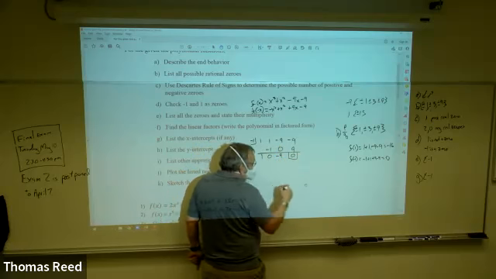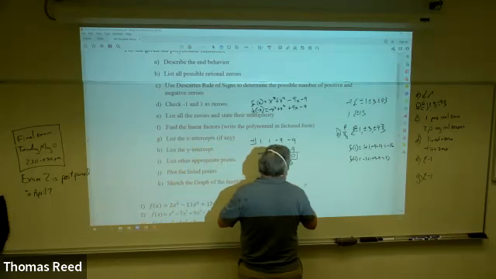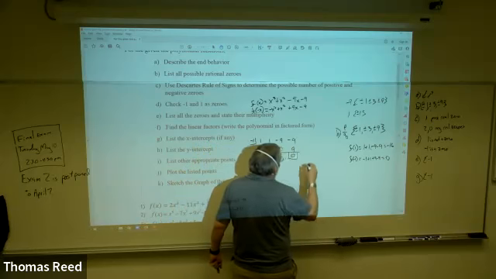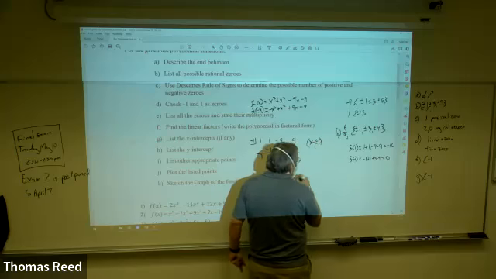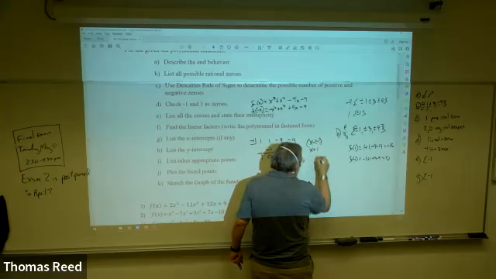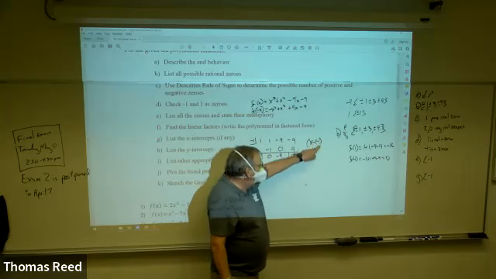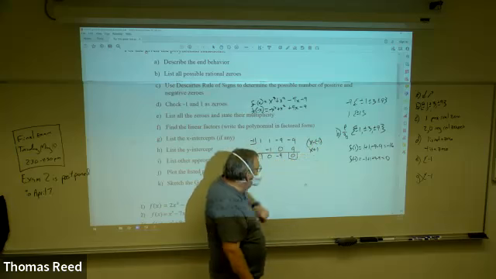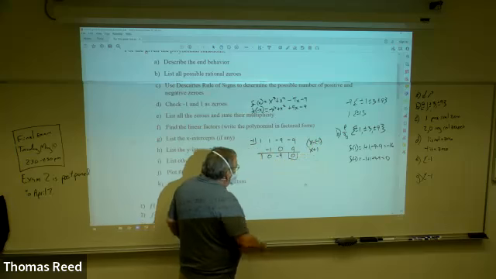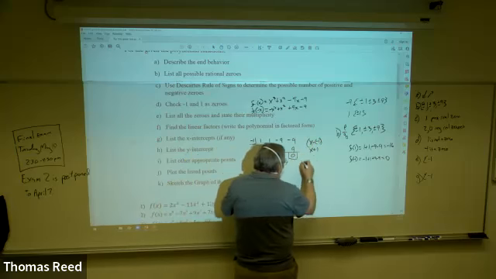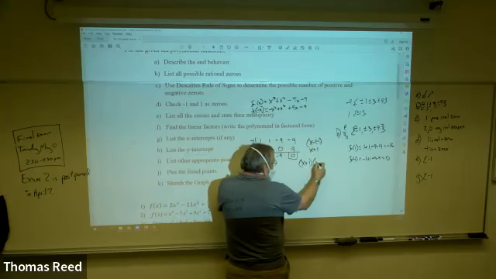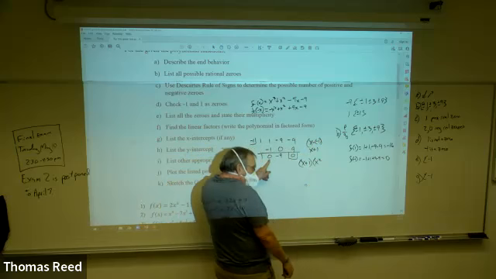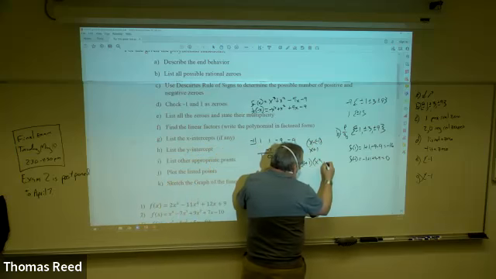So now, since -1 is a 0, x minus -1 is a factor, so that means x plus 1. Right? Minus a negative is adding a positive. So now I have factored it to x plus 1 times x squared. There's no x term, but there's a -9.